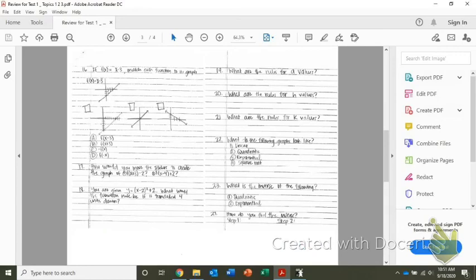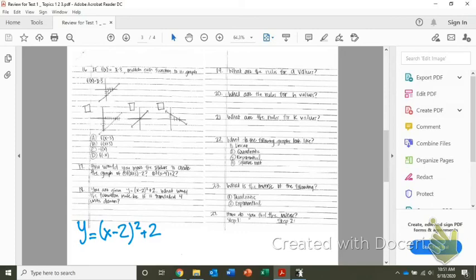Number 18 says you are given y equals x minus 2 squared plus 2. What would happen to the rule if it is translated 4 units down? So you know that h values move left to right. Does it say anything about left to right?